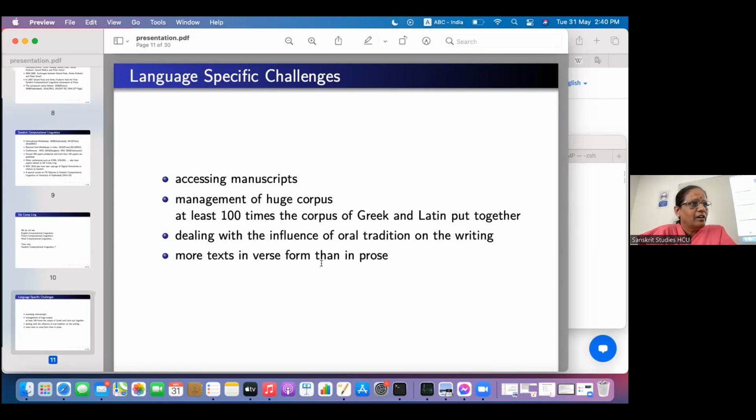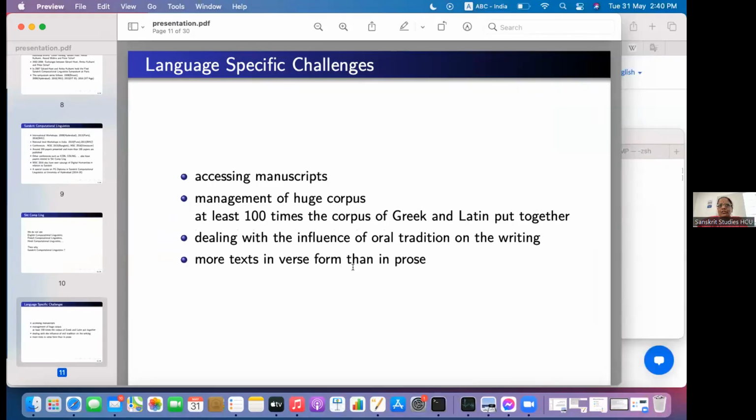But you may ask: manuscripts are there for other languages also, not only Sanskrit. Of course, a huge corpus is something we need to deal with, fine. But the English corpus generated in the last few years because of the internet is, I'm sure, much larger than the Sanskrit corpus.